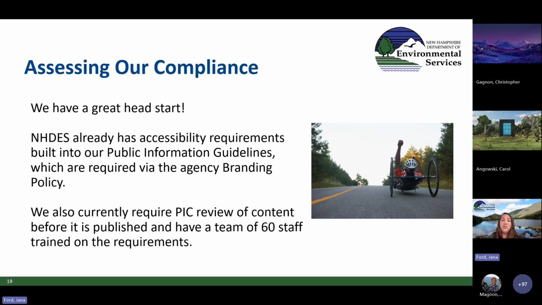And our public information guidelines, which are enshrined in our branding policy, detail all of these accessibility standards that I'm going to be discussing with you today. We also have a team of 60 employees who we call web techs in all bureaus across the agency who are trained on these accessibility requirements, and they can assist programs by reviewing your documents and your web update requests.